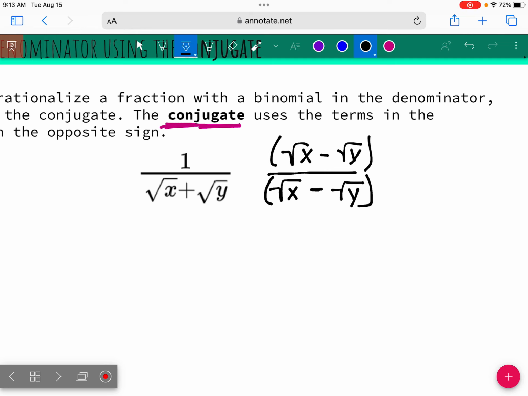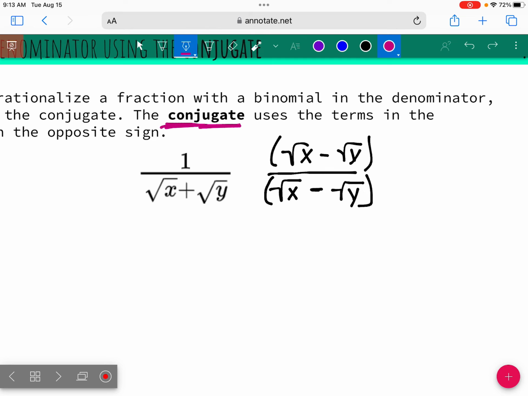So the conjugate is this piece. Just that piece is the conjugate. We're multiplying by 1 using the conjugate. And we will see why in just a second, I promise.